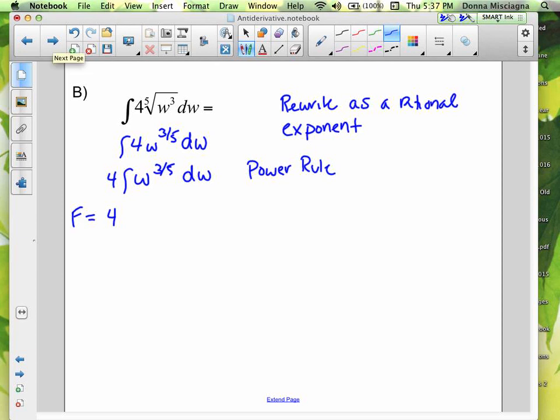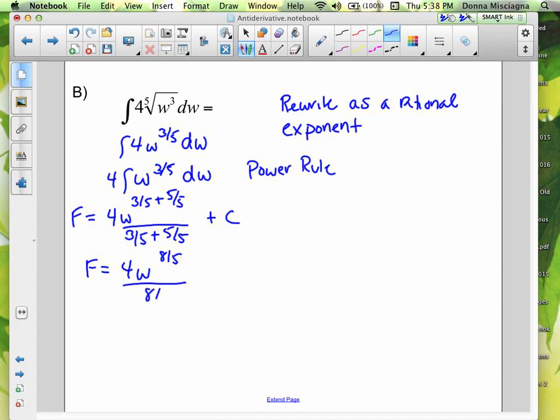Our function is 4 times w to the 3/5 plus 5/5 divided by 3/5 plus 5/5 plus c. There's only one term there. And now we'll just clean that up. So that would be 4w to the 8/5 divided by 8/5.